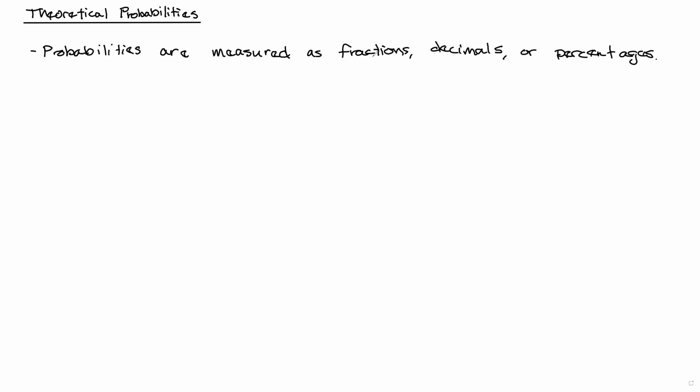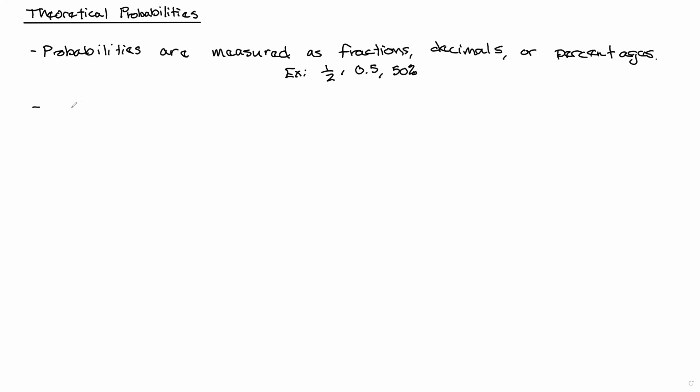So because of that, you could see probabilities described as 1/2. You could see a probability described as 0.5, or you could see a probability described as 50%. All of these are possibilities when working on probability problems.